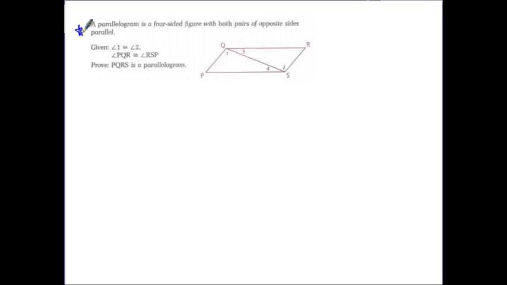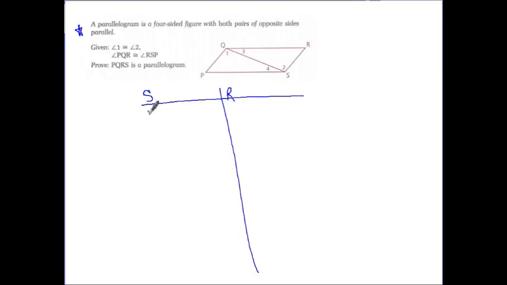So here we go. We're given angle 1 is congruent to angle 2, and angle PQR is congruent to angle RSP. We're trying to prove we have a parallelogram, which means we're trying to prove that we have both pairs of opposite sides parallel. So let's get going. Our statements and our reasons.